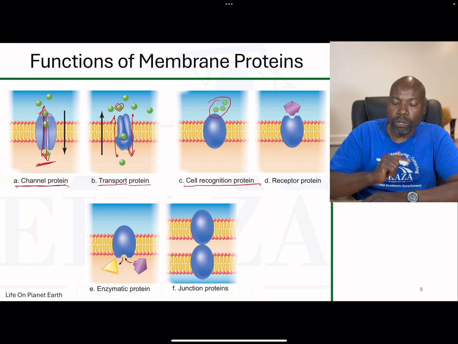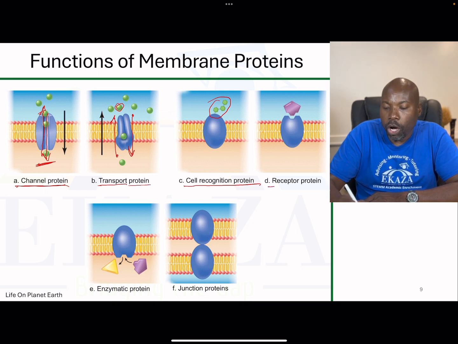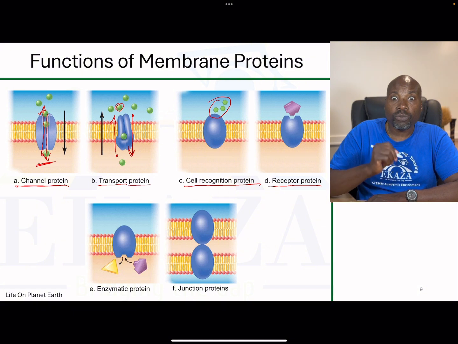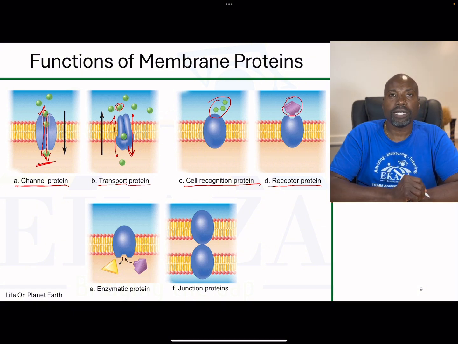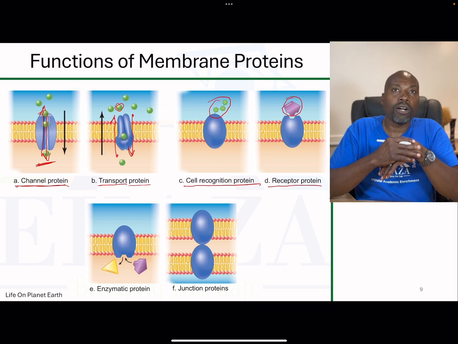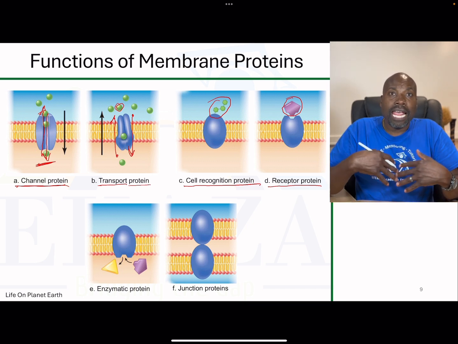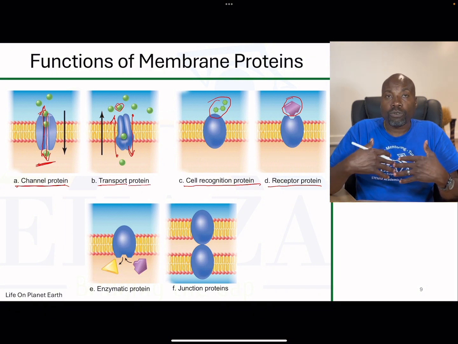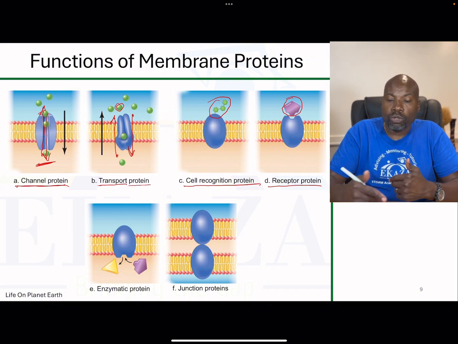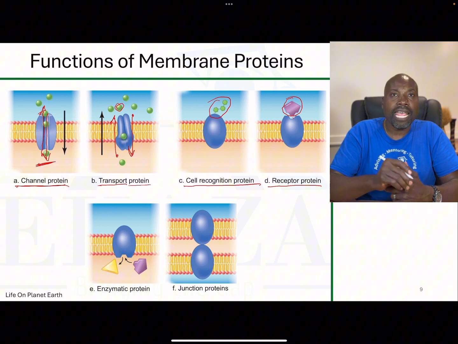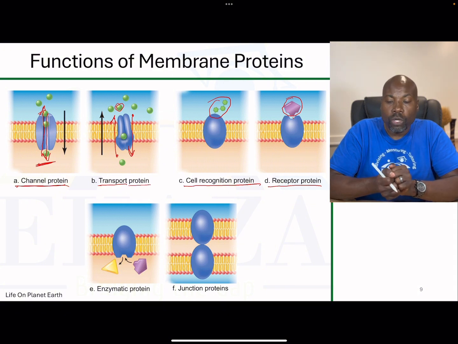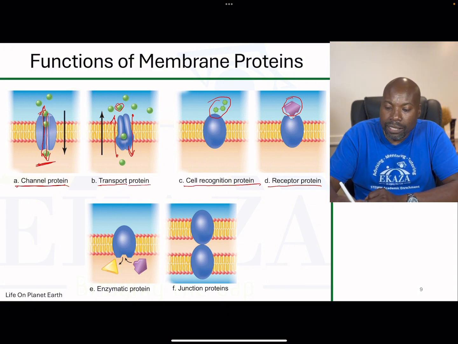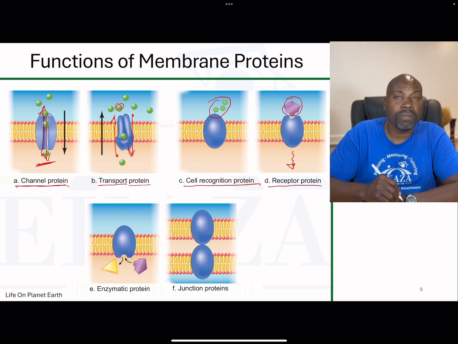Some proteins are going to play the role of receptor proteins. These receptor proteins are going to attach a signaling molecule that comes from the outside, for instance, a growth factor that comes and wants our cells to multiply. That growth factor is going to be released and travel and come and attach here in an area that is pre-designed to match the signaling molecule, so that the cell can now receive the signal, send the signal inside, and a response is going to be developed.